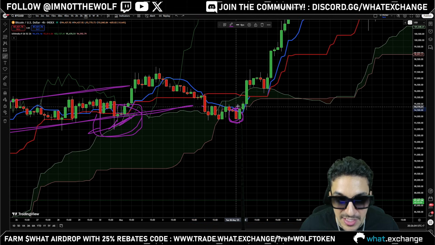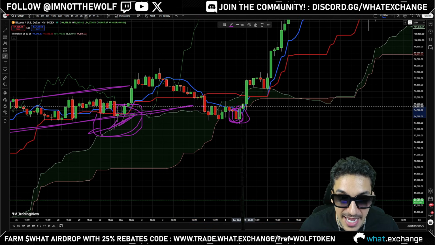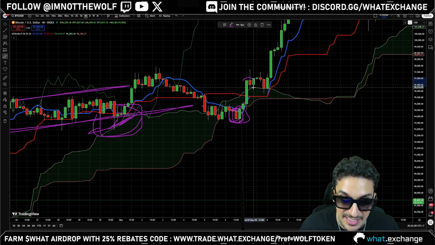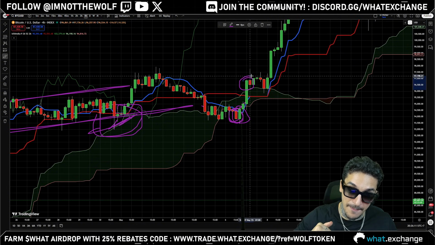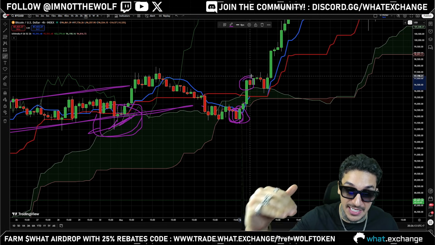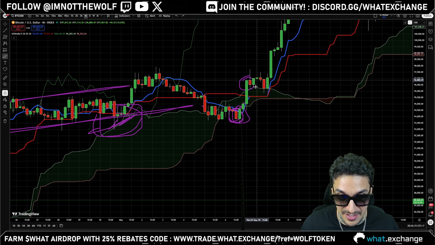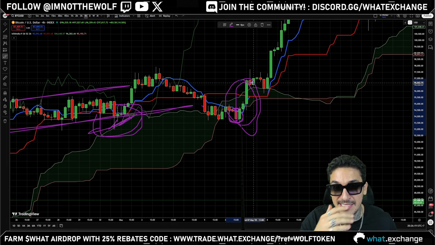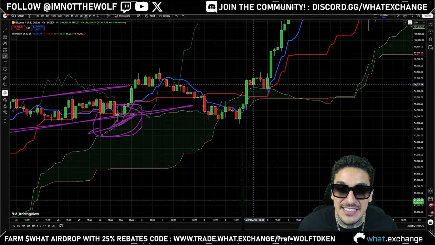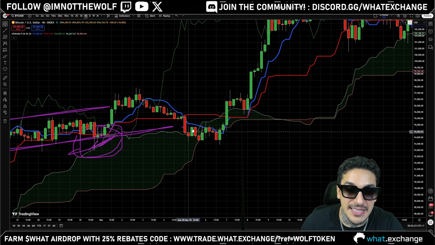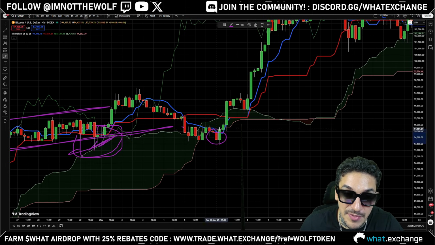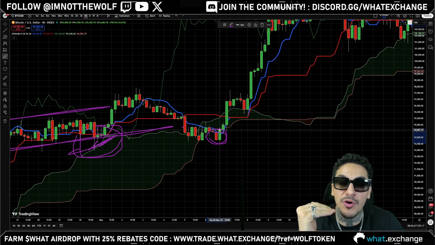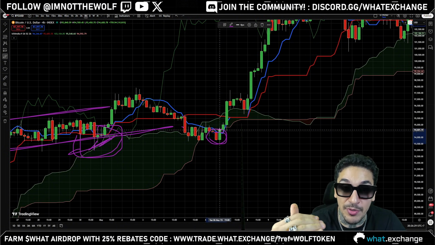However, as soon as it pumped back up and back into the cloud, especially this right here, when it pumped up back above the cloud, this would have been an obvious sign that this was a bear flag, or excuse me, a bear trap, and that the market is very, very bullish, right?